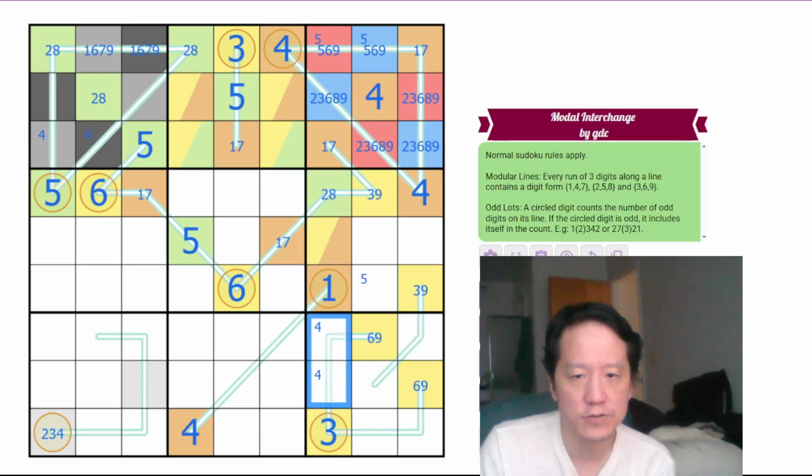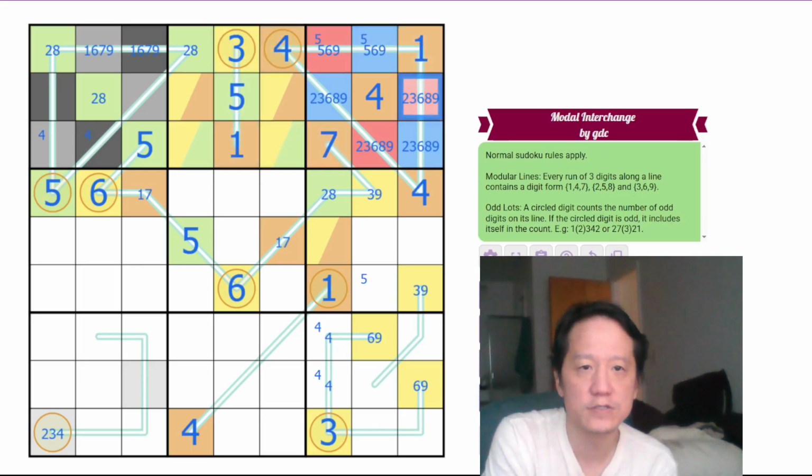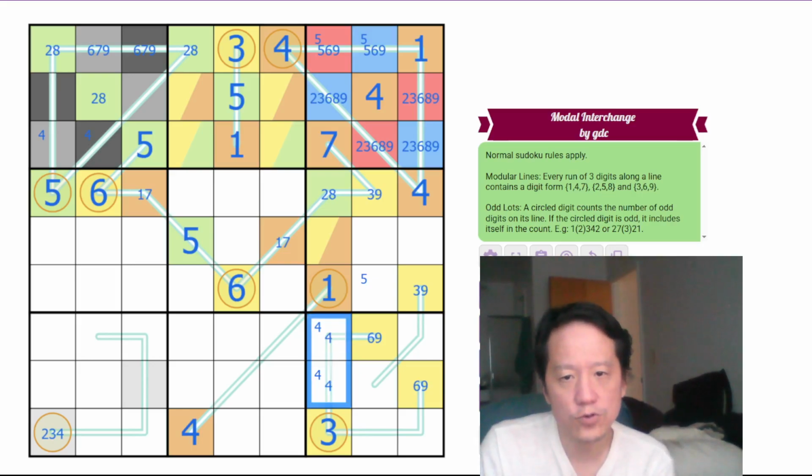4 is one of these. It must be, and then you have 2 and 8, I think, right? This is 1, which forces this not to be 1. So this is 7, this is 1. That makes this 1, so 1 cannot be either of these. 4 is one of these, so 7 cannot be here, right?